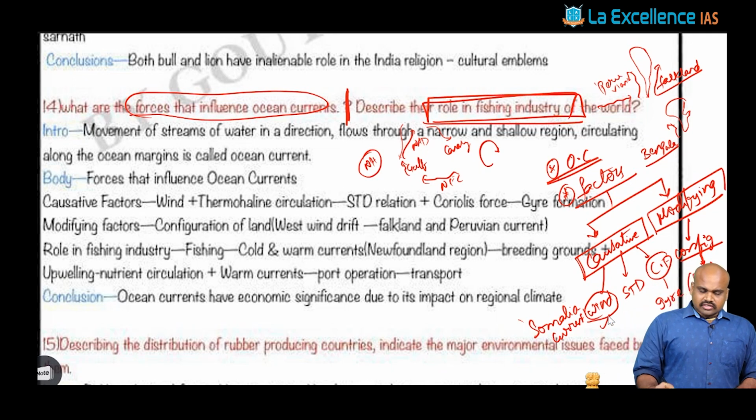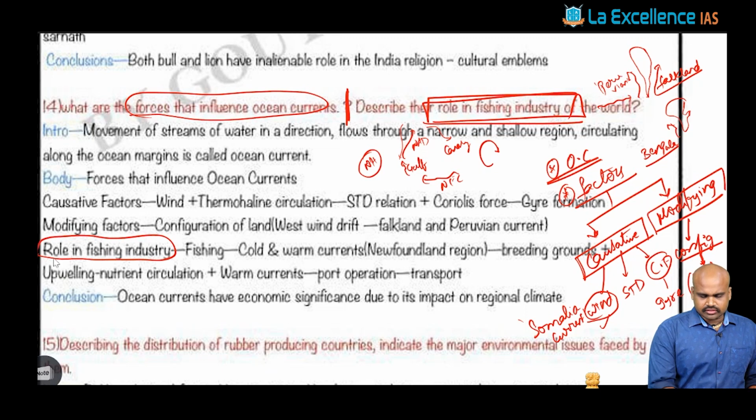Now, these can be the factors that are responsible. Then we have to talk about its role in the fishing industry, because this is the first part of the answer and this is the second part of the answer.